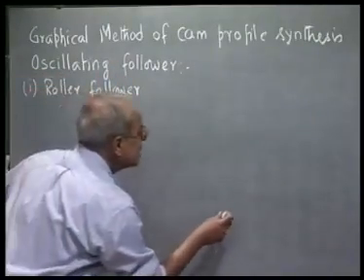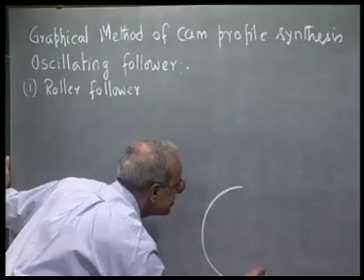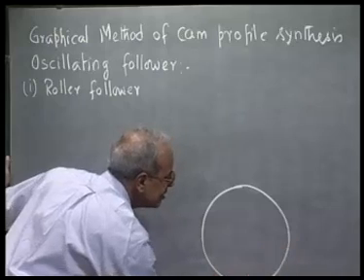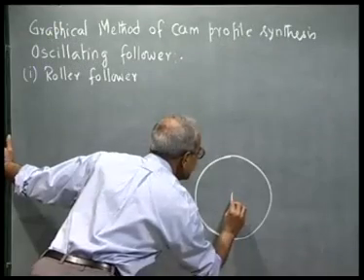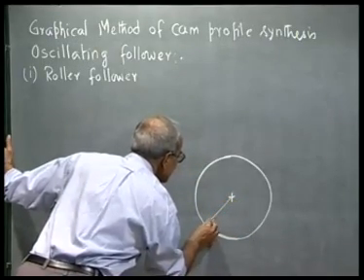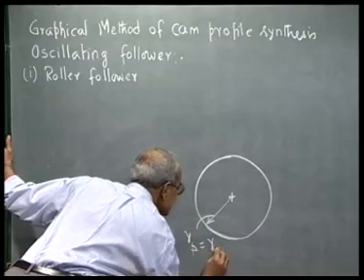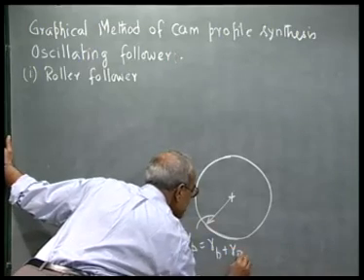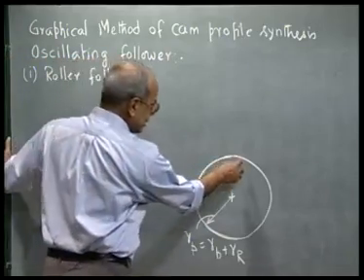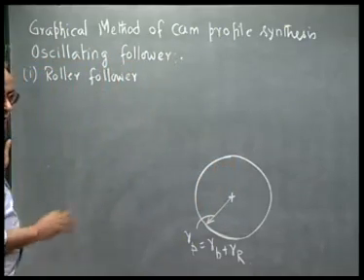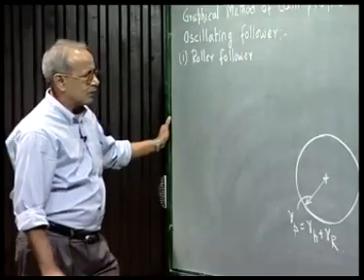So, for the roller follower, let me first draw the prime circle. This is the prime circle radius, which is, as we have noted earlier, base circle radius plus roller radius. When the roller center or the trace point is in contact with the prime circle, that is the extreme position or the lowest position of the follower from where we measure the movement of the follower.